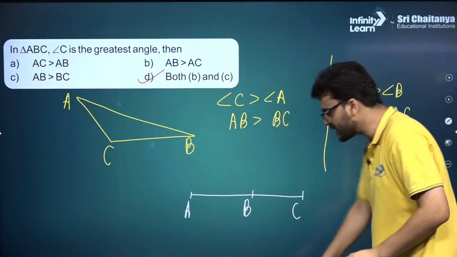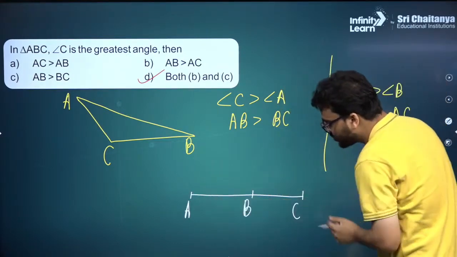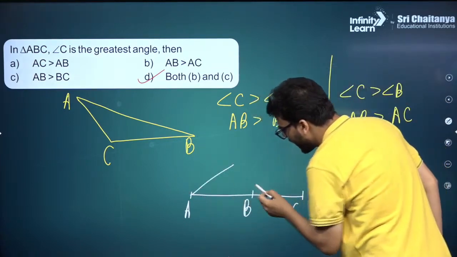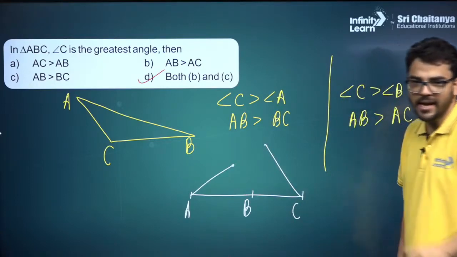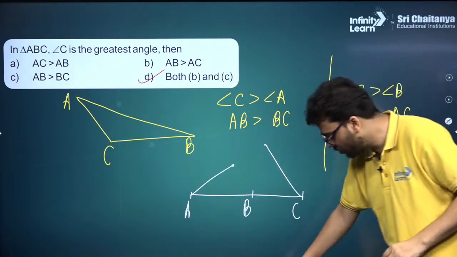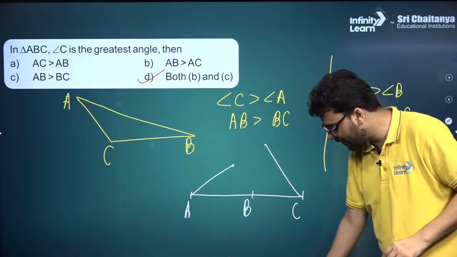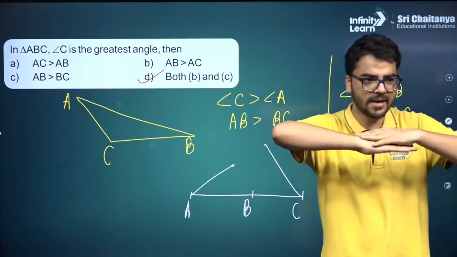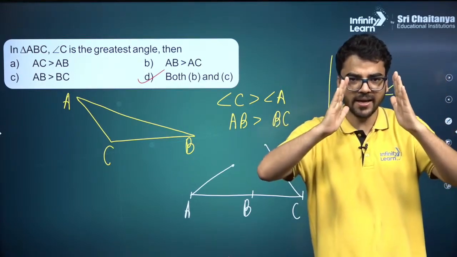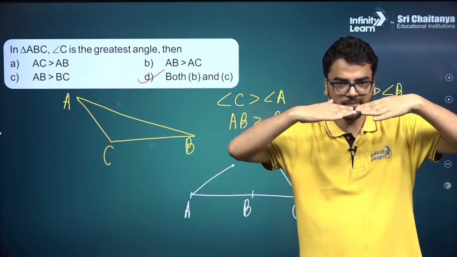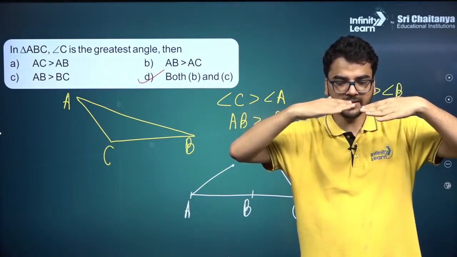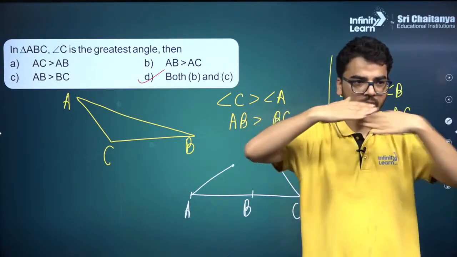Basically you understand like this. See, the third side is suppose AC, and AB and BC, they are hanging like this. Suppose the base is still and two sides are hanging like this. Suppose you leave it like this, so they will fall like this. So if this plus this is equal to AC, what will happen?